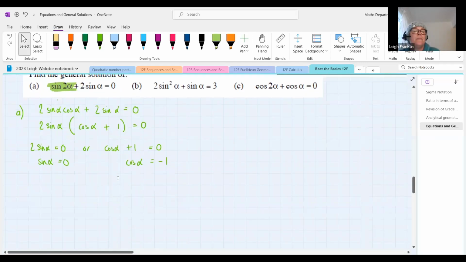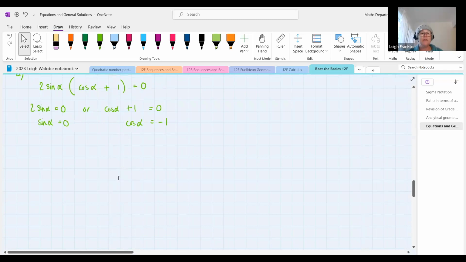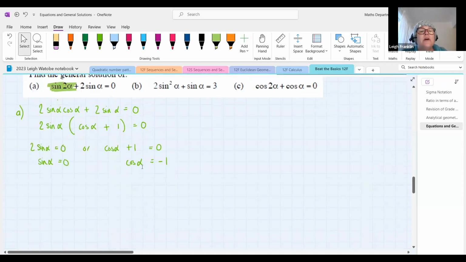Now that we are in this situation, we have to do a general solution for where sine alpha equals 0, and we have to do a general solution for where cos alpha equals negative 1. Can I let you do that by yourselves, and then you share your answers with us?